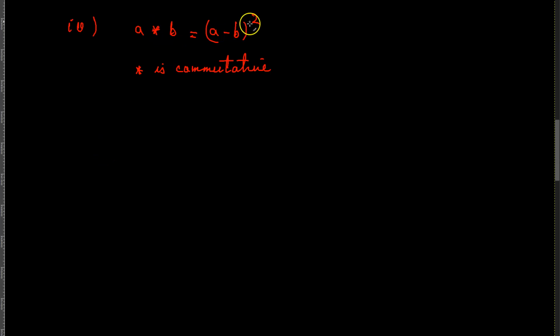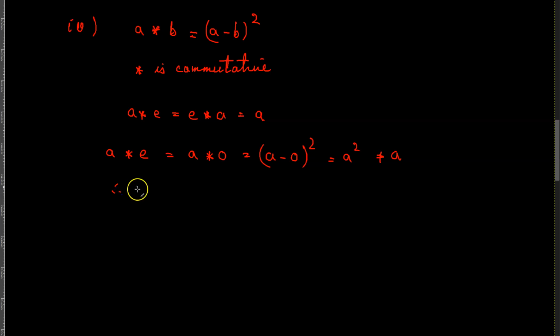Now the only thing that we need to check here is whether the identity element exists. For example, you have to find some number that you subtract from A, and the condition is A star E has to be equal to E star A, and it has to be equal to A. Now suppose that I take my E as 0, then A star E would be equal to A star 0, which is A minus 0 whole squared, and you will get A squared, which is not equal to A. So 0 is not the identity element.